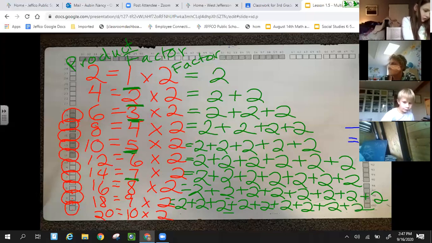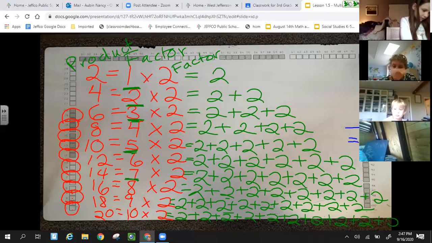And last but not least, Henrik, if I have 20 equals 10 times 2, that's the same as saying what in addition? Yeah, repeat it 10 times. So I've got to add that 2 10 times. 3, 4, 5, 6, 7, 8, 9, and 10. All right, that shows you how it grows, right?